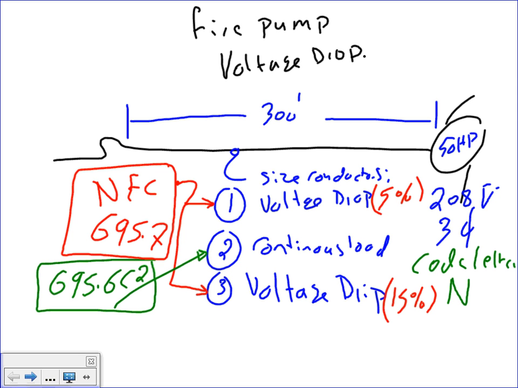Dip is only momentary, at the time the fire pump starts, mostly for 10 seconds. After 10 seconds, it goes back to the voltage drop level.